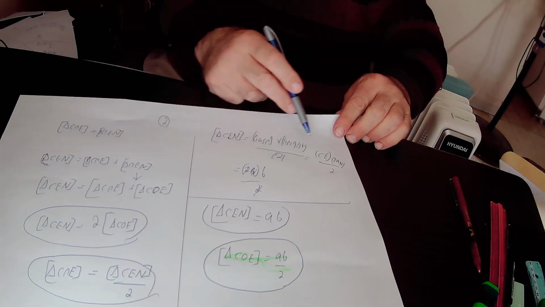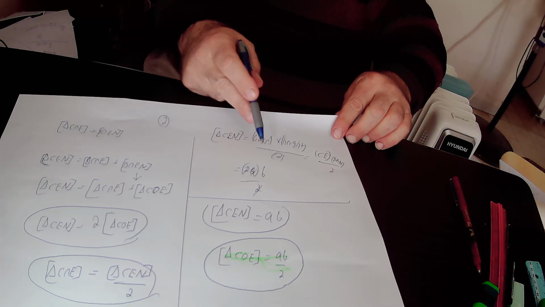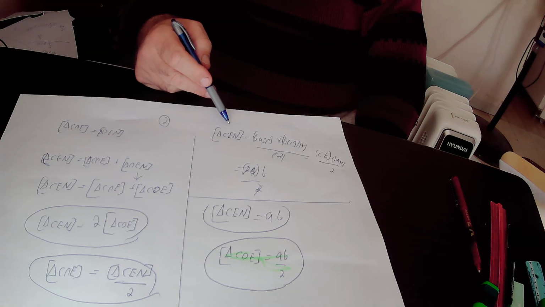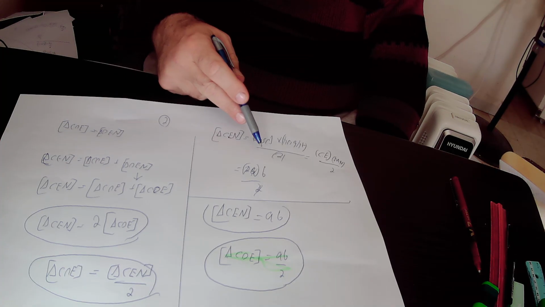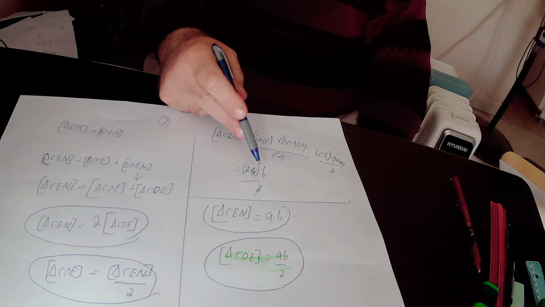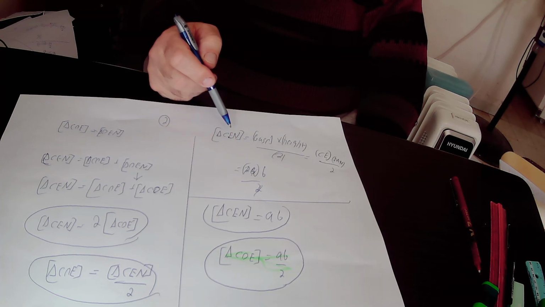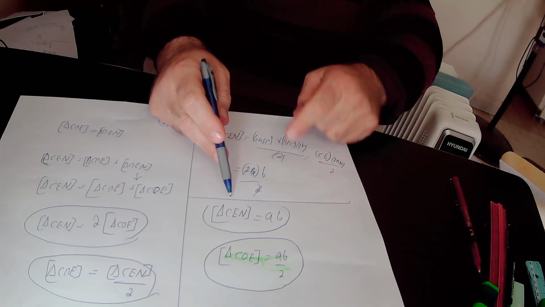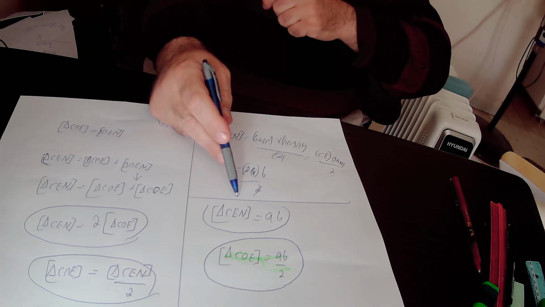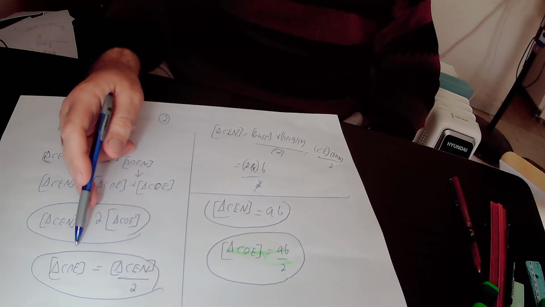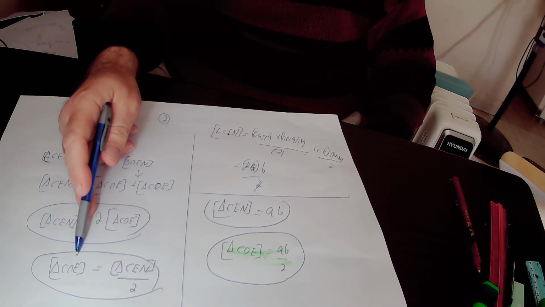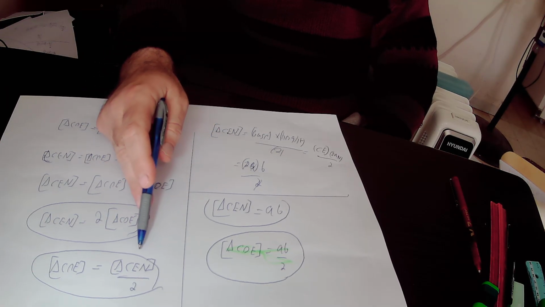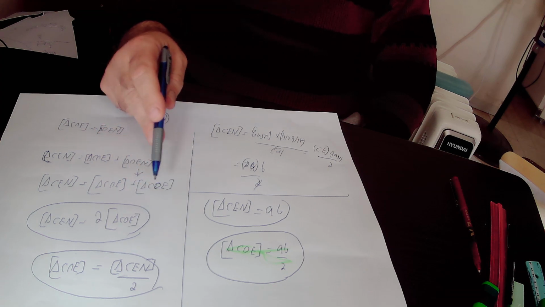CE equals 2A and the height MN equals B. So in total, we found out that the area of the big triangle CEN equals 2AB over 2. We have 2 in the numerator and 2 in the denominator, so the 2 gets cancelled. So the area of the big triangle CEN equals A times B. And we already found out that the area of the green triangle COE equals the area of the big triangle CEN over 2.